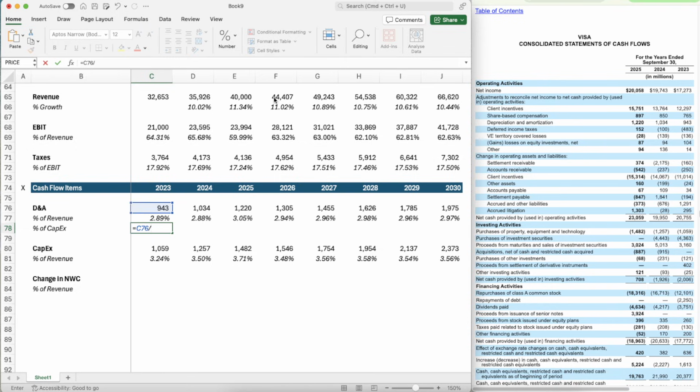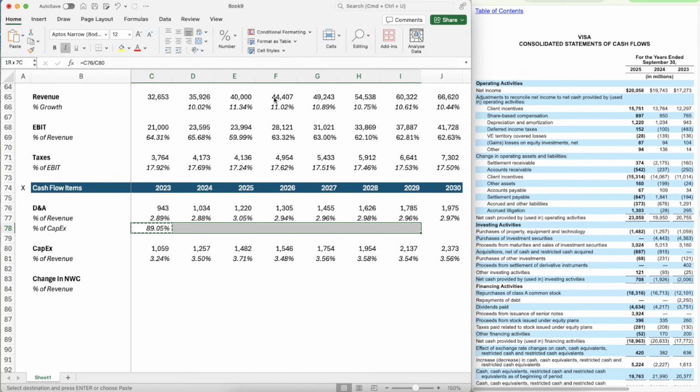So you take your depreciation and divide it by the capex. This shows how they move. As we can see, the depreciation and amortization is getting significantly smaller. From 2023 it stayed stable subsequently, but it was quite a bit lower.